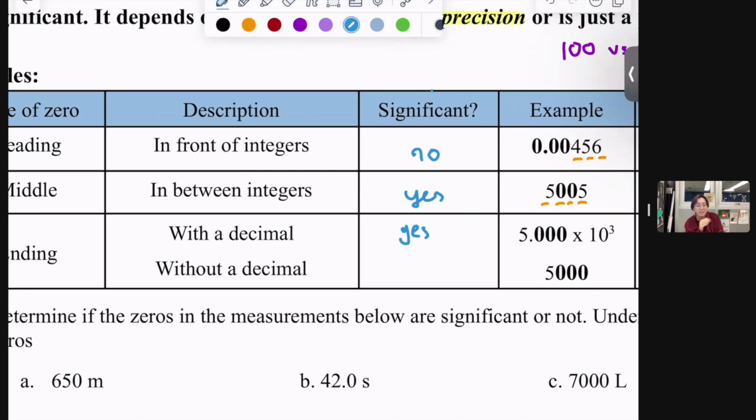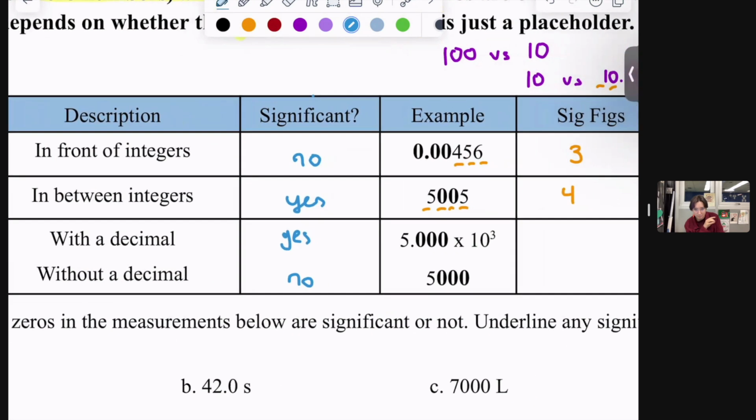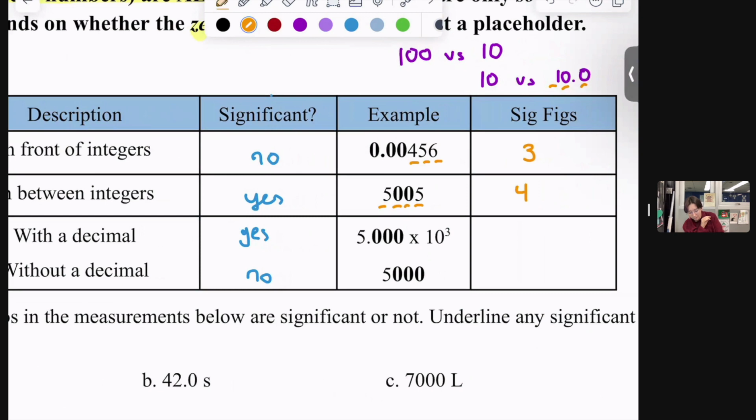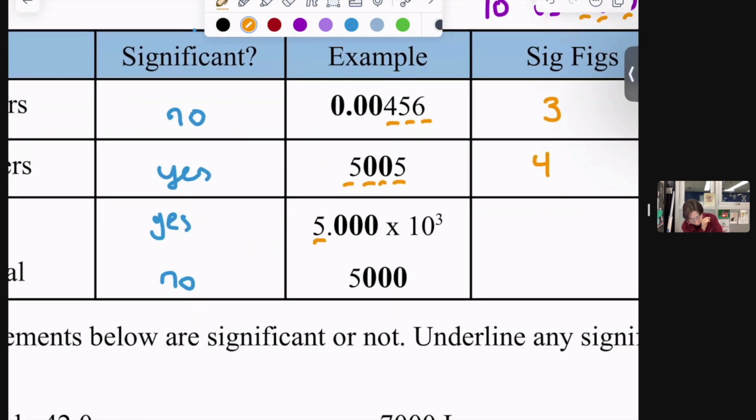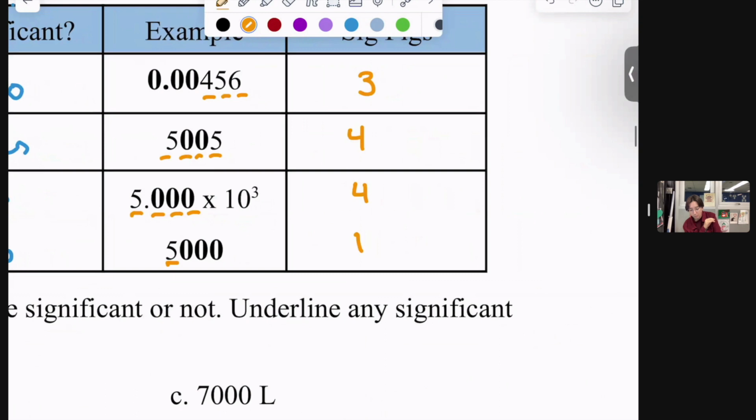But if they're at the end and there is no decimal place, then they are not significant. So this one has 1, 2, 3, 4 significant figures. This one only has 1. I think this one's probably the trickiest again.